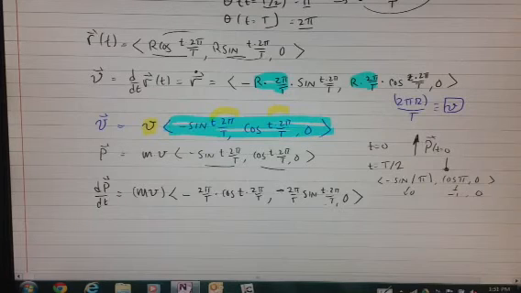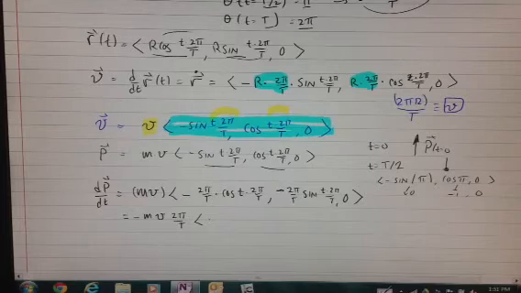Again, it doesn't look all that simple, but let me factor out this 2 pi divided by the period and the minus sign. So I get minus mv 2 pi divided by the period, and what's left inside is dimensionless. It's going to wind up being a unit vector, and it's a special unit vector.